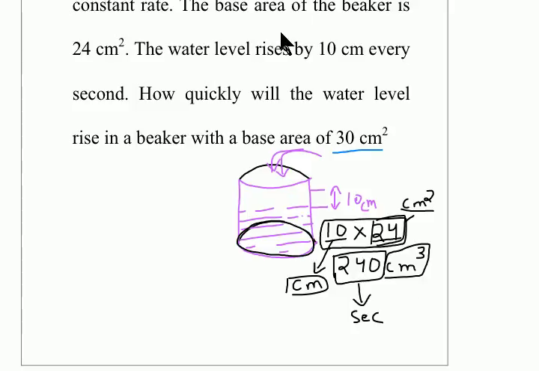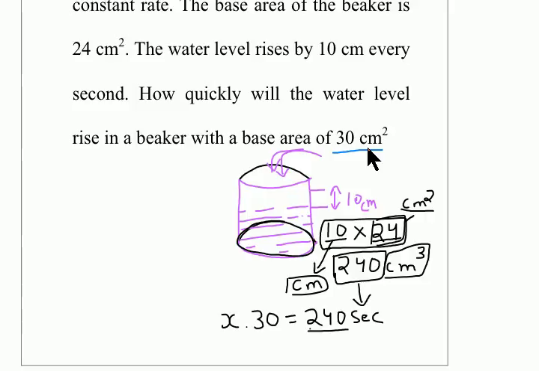Now it says how quickly will the water level rise in a different beaker with a larger base area of 30 centimeters square. So in this case, let the water level rise by, say, x centimeters. So x into 30 is equal to the volume that we had, 240.